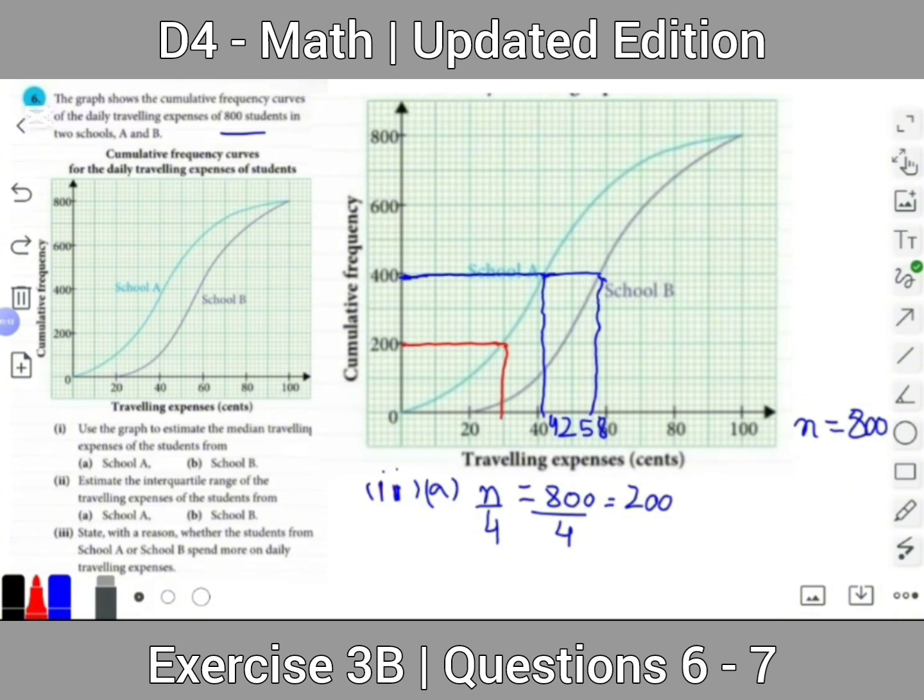So here we have the value 30. So an estimate of the lower quartile, Q1, is equal to 30 cents.